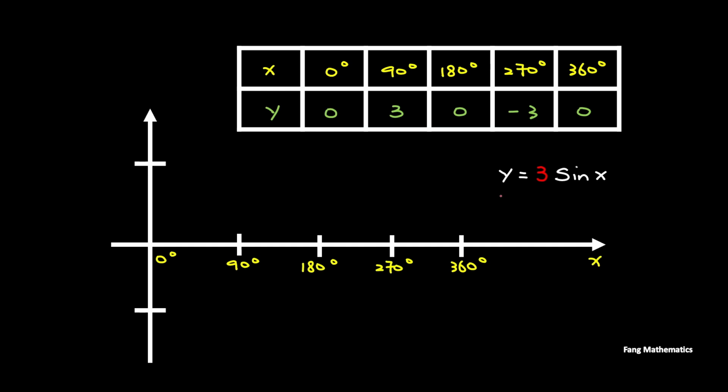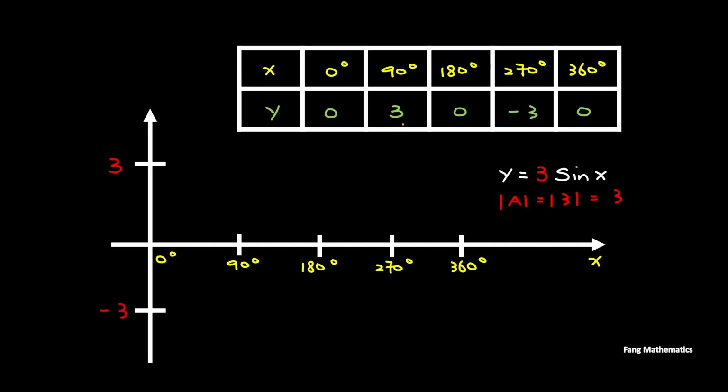That is 3. So when we are looking for the amplitude, we take the absolute value of the multiplier. So the absolute value of 3, and I believe that should give you 3. Therefore, you mark 3 and -3 on the axis.